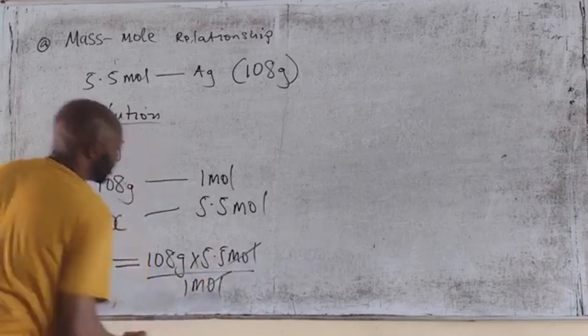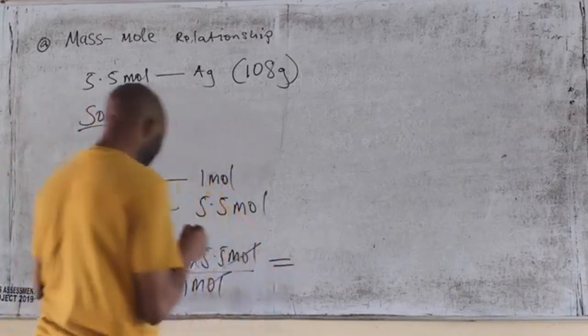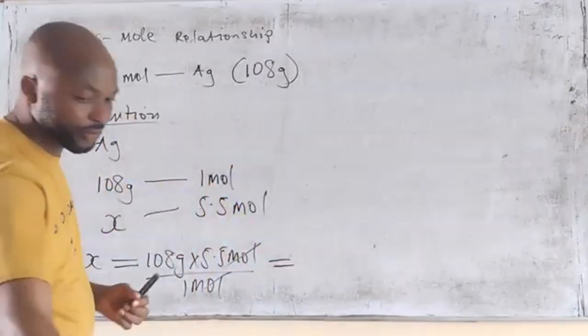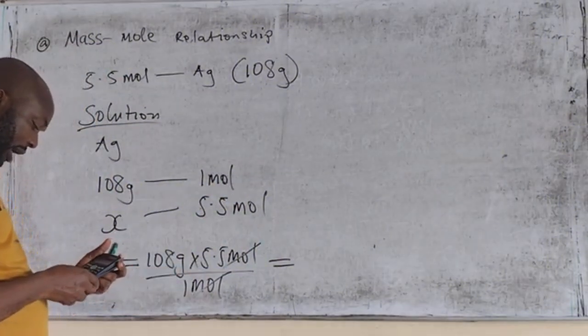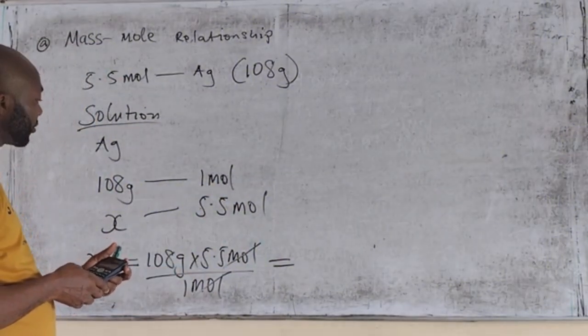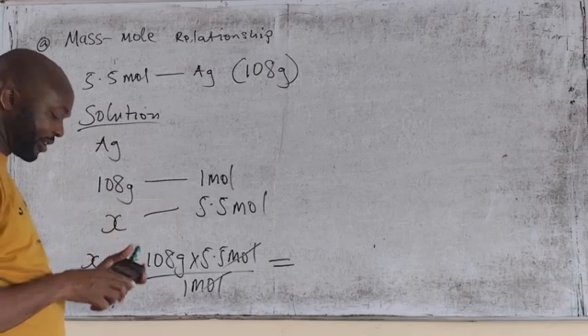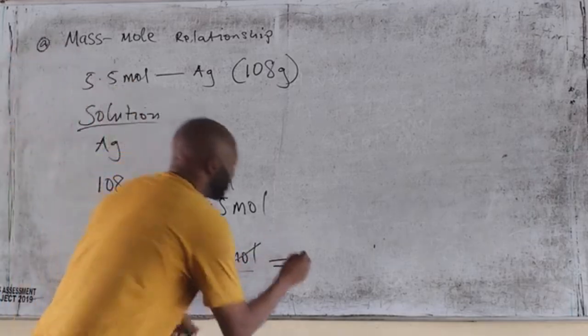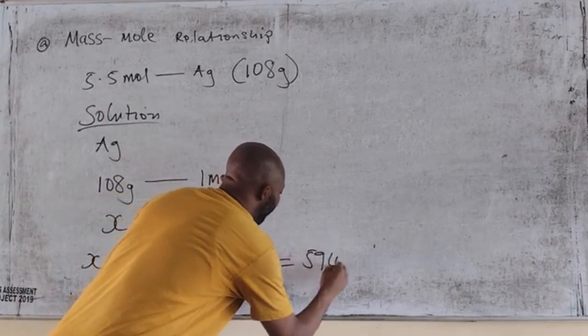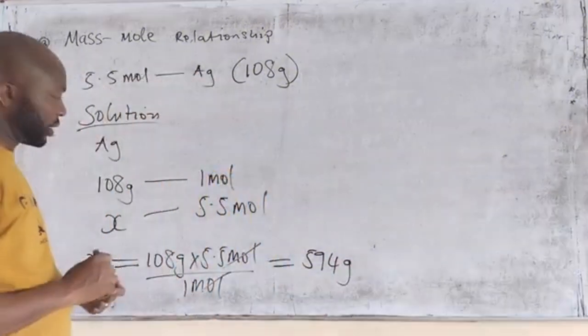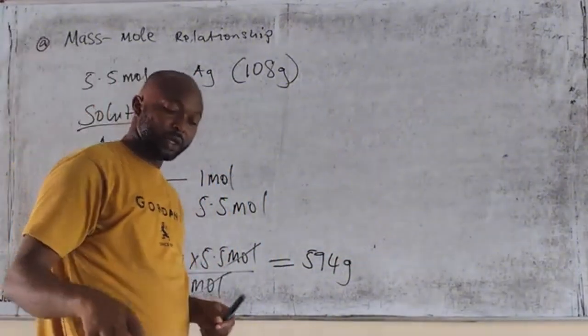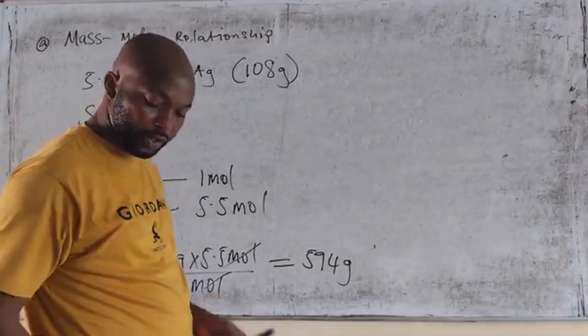The mole will cancel itself and I will be having 108 times 5.5. That is 594 grams. Okay, that's correct.